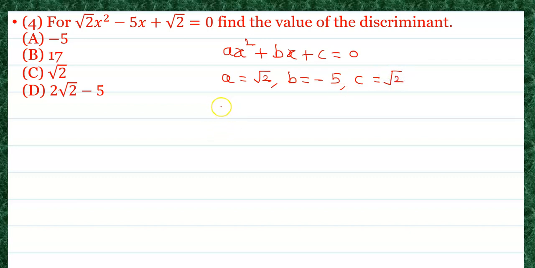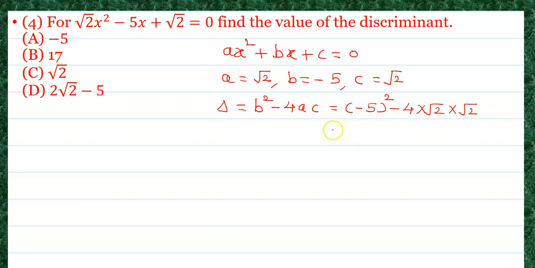Now we want to find the value of the discriminant, that is delta is equal to b square minus 4ac. The value of b is minus 5, in bracket square, minus 4ac. The value of a is root 2, and c is again root 2.